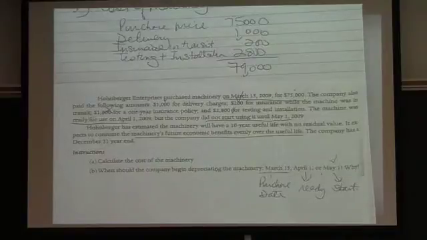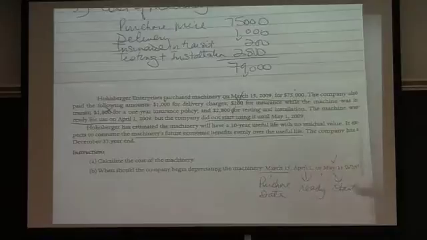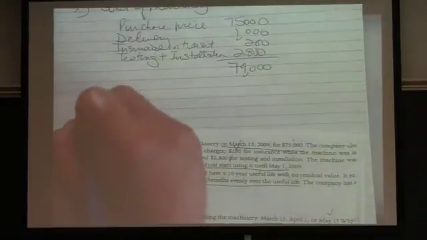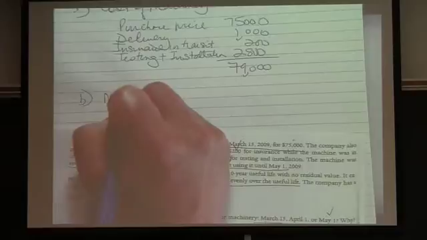So the answer is, we really should be using the May 1st start date, even though the asset was ready to use, but the company didn't use it. Therefore, the start of the depreciation is really the date on which the company was using the asset. So the answer is May 1st.